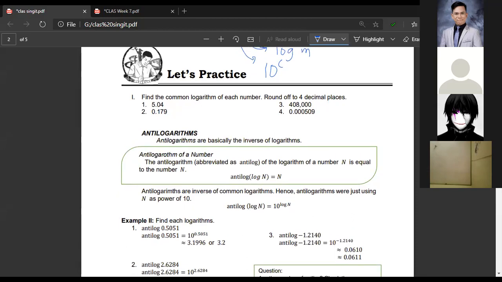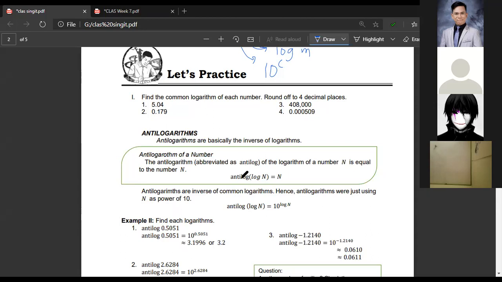In logarithms, we also have anti-logarithms. Anti-logarithms are basically the inverse of logarithms. An anti-logarithm, abbreviated as antilog, of the logarithm of a number n is equal to the number n.